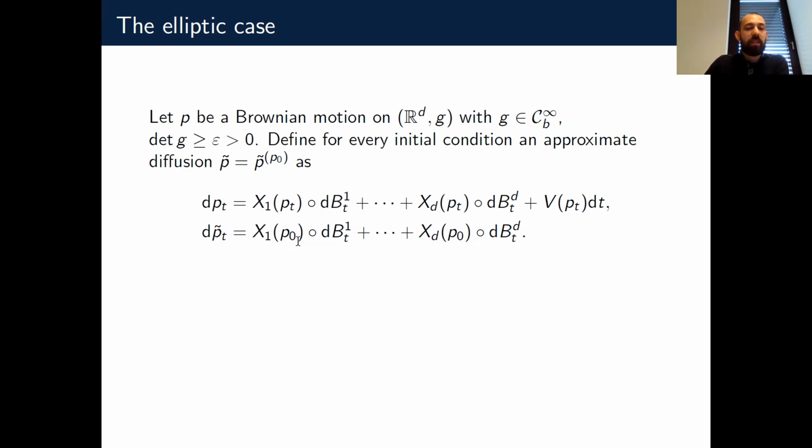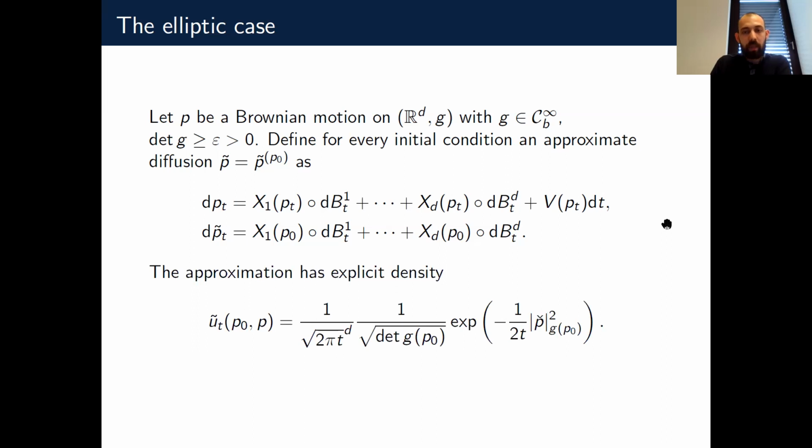And this, in fact, is just diffusion in one fixed direction, plus diffusion in another fixed direction, etc. So this is just Brownian motion, standard Brownian motion, well, with a non-identity covariance. But it is some standard Brownian motion with a given covariance. And so it has an explicit density, and the explicit density is this one.